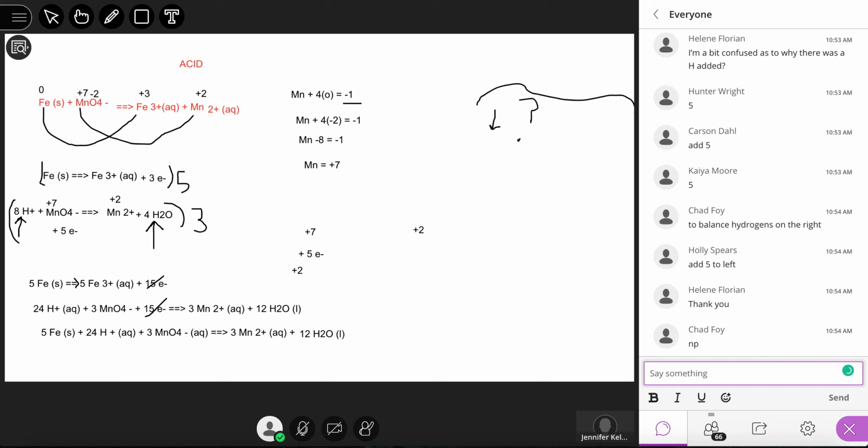All right. And that's the answer for the ASP one. So the only thing different in balancing it is that one side will have oxygen and the other side doesn't.